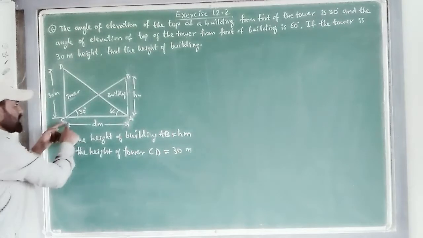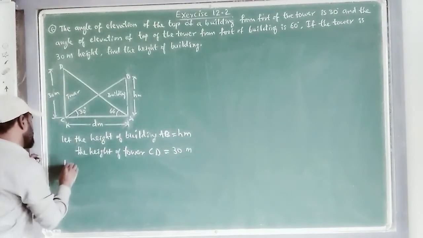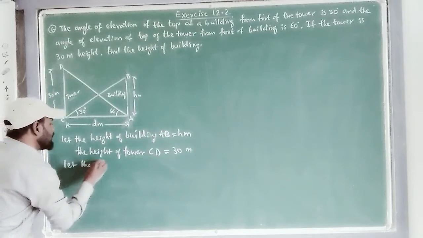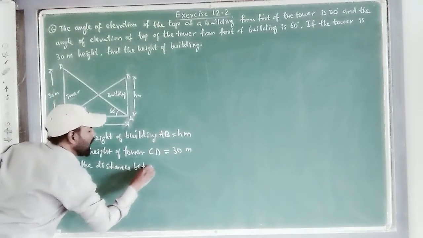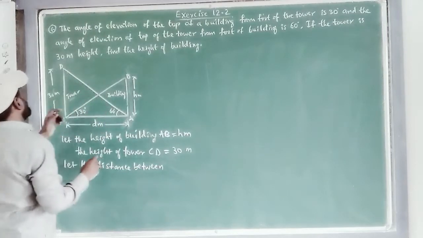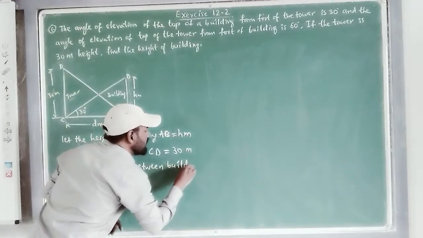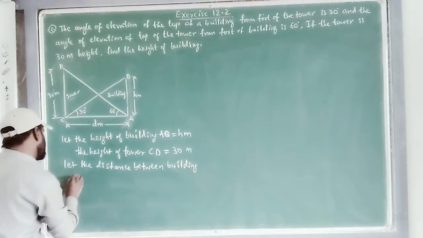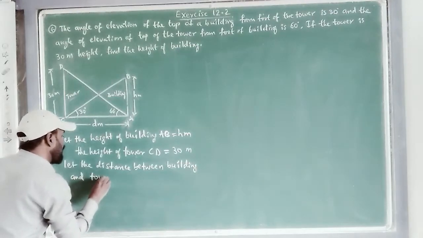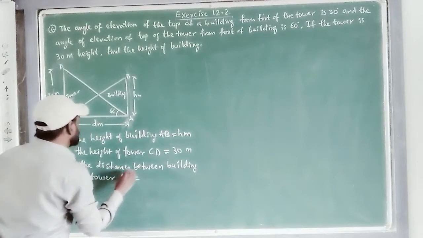Okay. Now the distance between the building and the tower, that also we do not know. Let us take the distance between the building and the tower, which is AC, is equal to D meters.